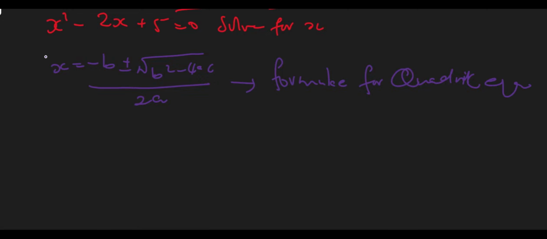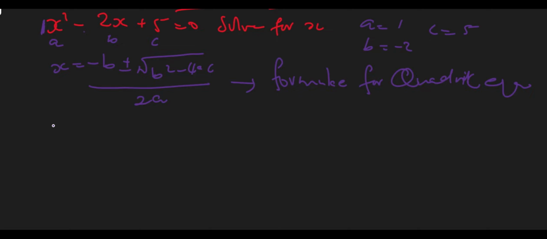So we have my a here, I have my b here, we have my c. a is 1, b we have negative 2, and c we have 5. So where there's a we put 1, where there's b we put negative 2, where there's c we put 5.